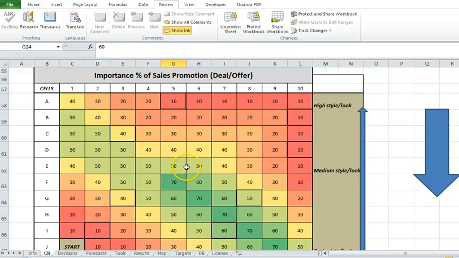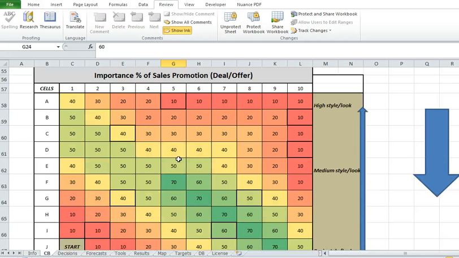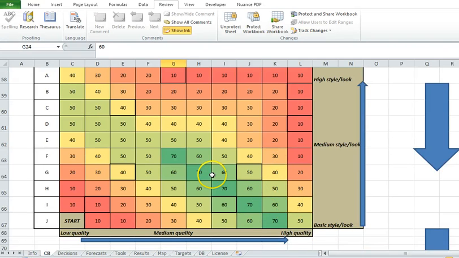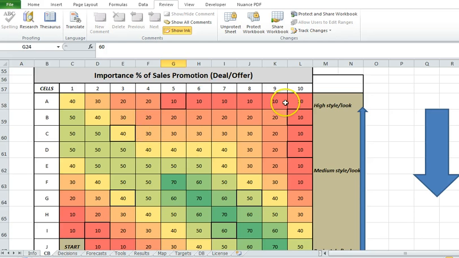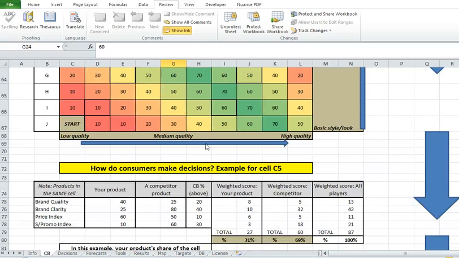And for sales promotion or the deal, the offer, typically we have consumers in the middle here who are a little bit indifferent to other things. So they're not necessarily after high quality, they're after a middle of the road product. So they're more attracted to deals and offers. Each of these cells, when you add the 4 factors up, add up to 100 points.